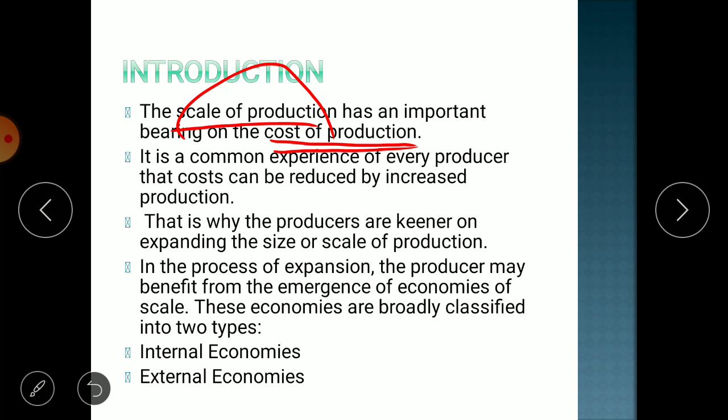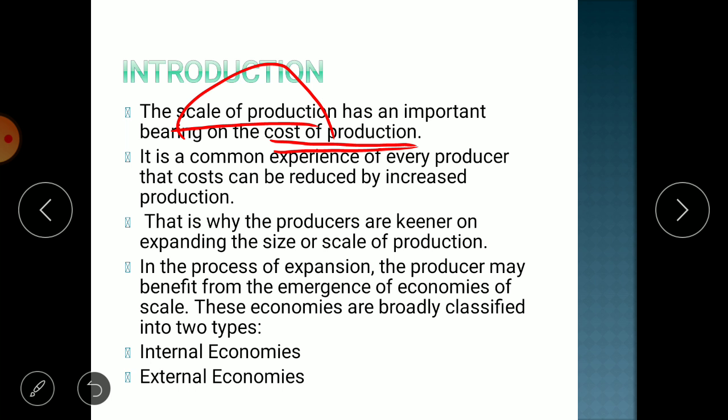But if you take the example of labor, say for example that the per day wage of labor is 100 rupees. If you produce one unit, then also you need to pay 100 rupees, and if you are producing 10 units, then also you are going to pay 100 rupees only.